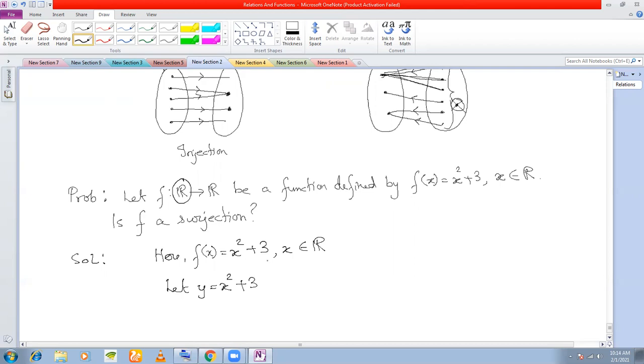Whatever the function is, you assume it to be y. And now you find x in terms of y. That is, y minus 3 is equal to x square. That means you can write x is equal to square root of y minus 3, right? Isn't it?